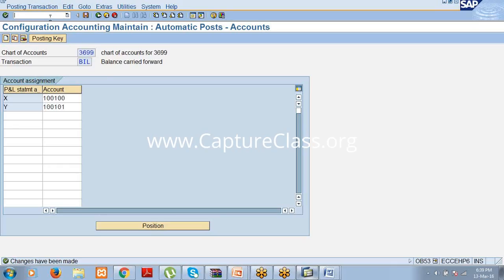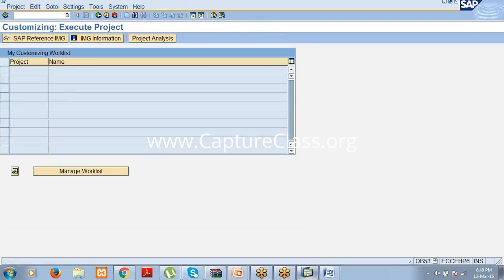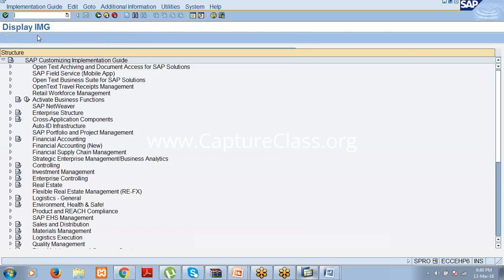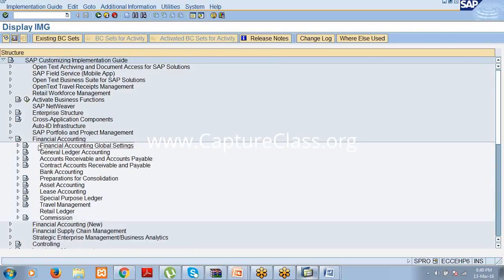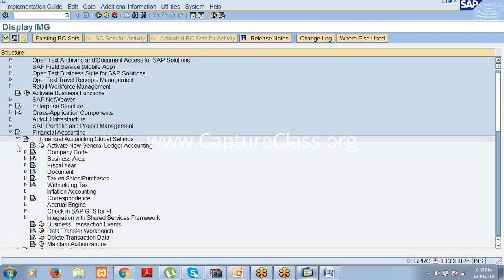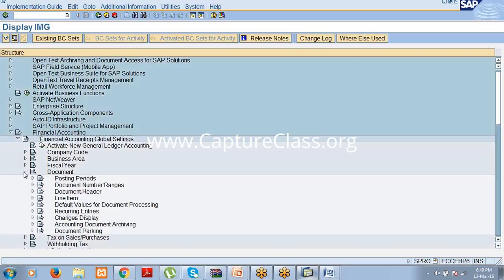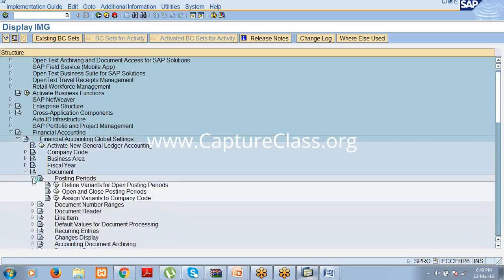Maintain posting period variant. SPRO, Financial Accounting, Financial Accounting Global Settings, Document, Posting Periods, Define variants for open posting periods.